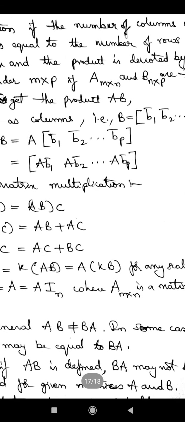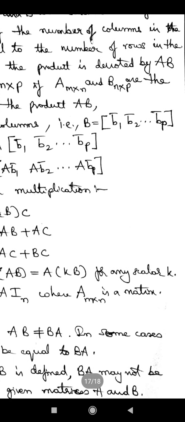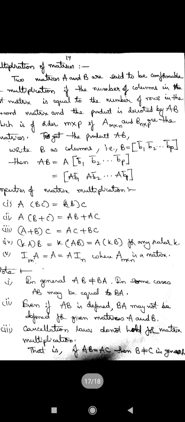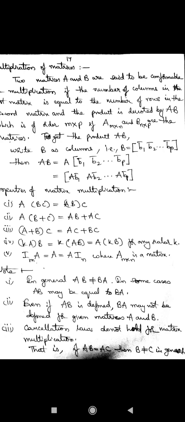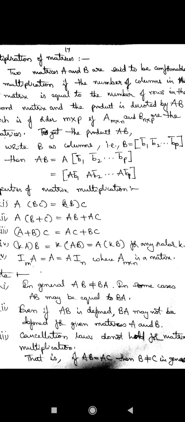If we want to multiply the matrix A by a matrix B, then we write the matrix B as columns. That is, B is equal to a matrix consisting of vectors like this: B1 bar, B2 bar, so on, Bp bar. That means B is denoted by column vectors.